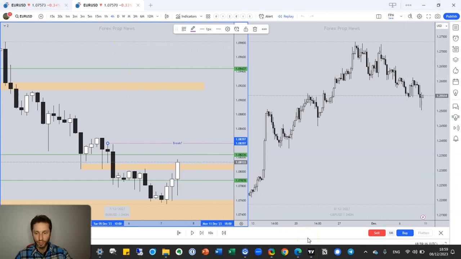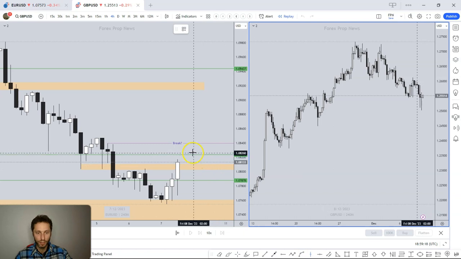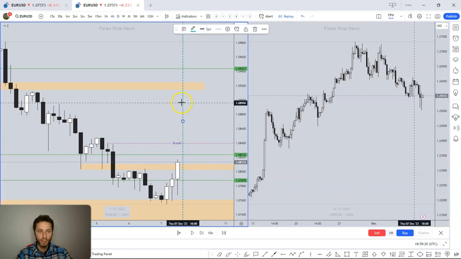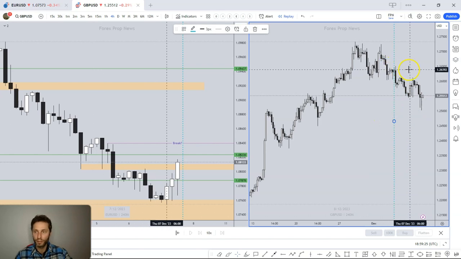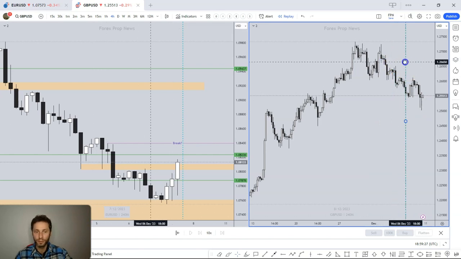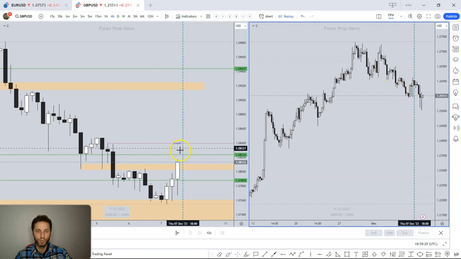So let's put a line here. This is the time. If I copy it onto the right hand side, this blue line represents the same time that we looked at Euro dollar.